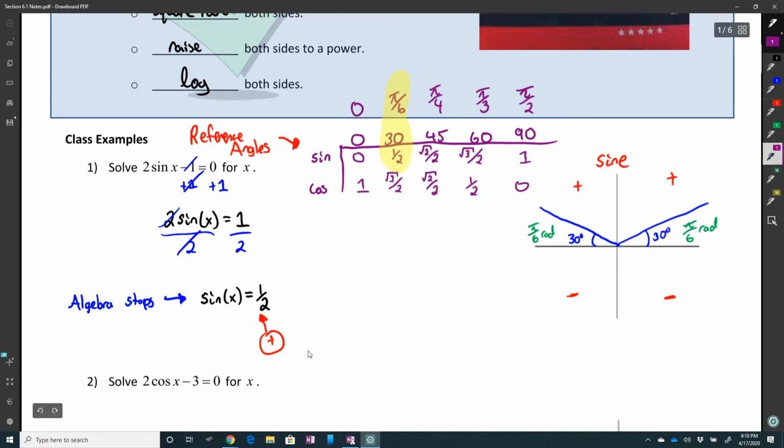So the two angles I'm looking for are 30 degrees, and the other one is over here. And notice that that's just 180 minus 30. So if you're looking at the two angles, my two solutions are my actual answers.